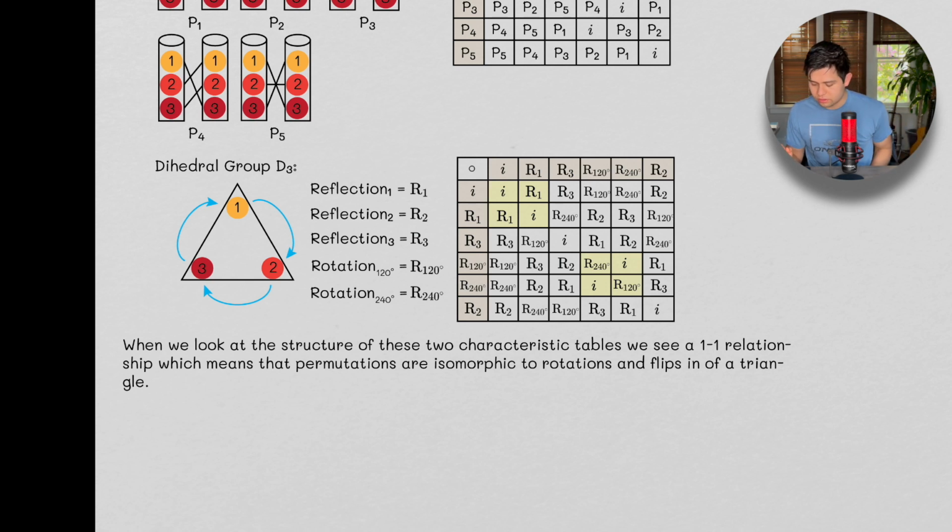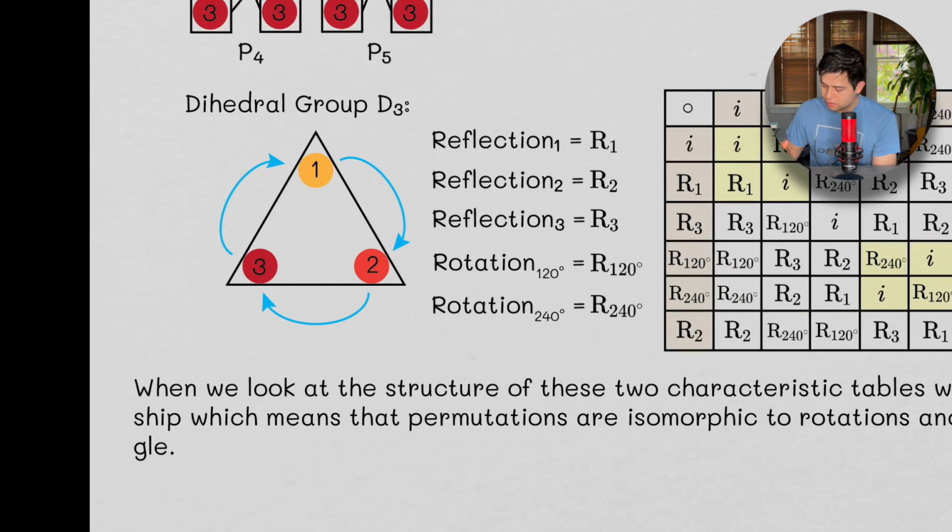So let's now consider the dihedral group D3. Okay, so the dihedral group D3 is going to consist of rotations, okay, of say a triangle or some sort of not parallelogram, but some sort of geometric shape that has 3 apices. And what we can do is we could say in the dihedral group we have rotations, which is what I'm illustrating here with the arrows, but we also have reflections, right?